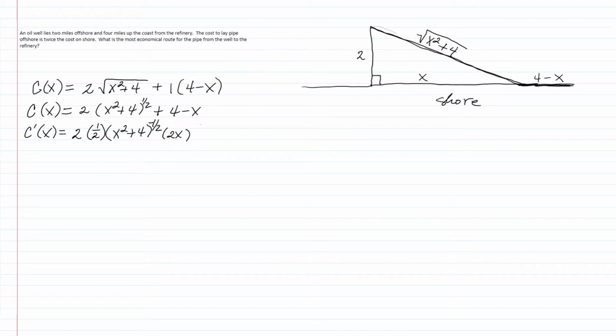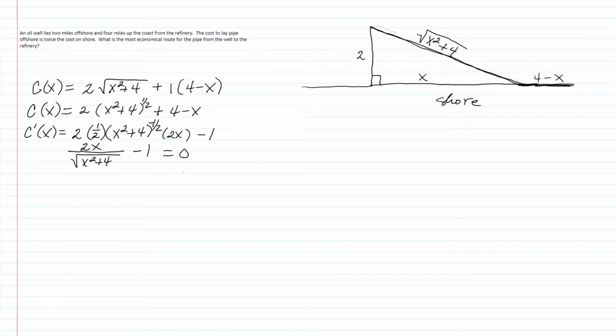And then the derivative of 4 is 0, and the derivative of negative x is going to be negative 1. So let's clean this up a little bit. So we've got 2x over the square root of x squared plus 4 minus 1, and we're going to set that equal to 0.